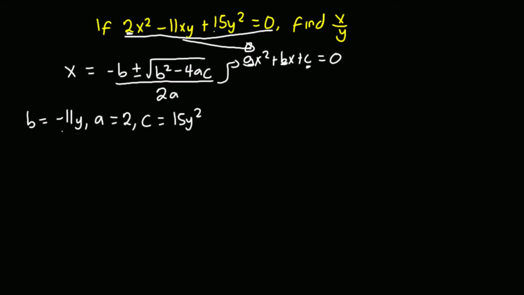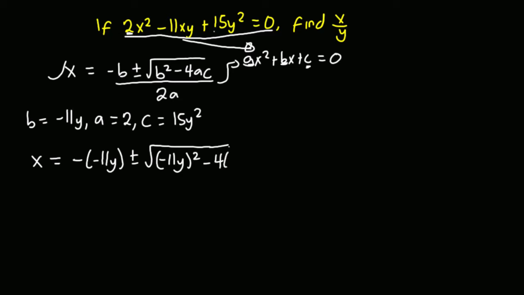So now that we know b, a, and c, we are just going to make a substitution into the general formula for finding x. So what it means is that x must give us negative into bracket negative 11y plus or minus square root of negative 11y all squared, minus 4 into bracket a is 2 and c is 15y squared.